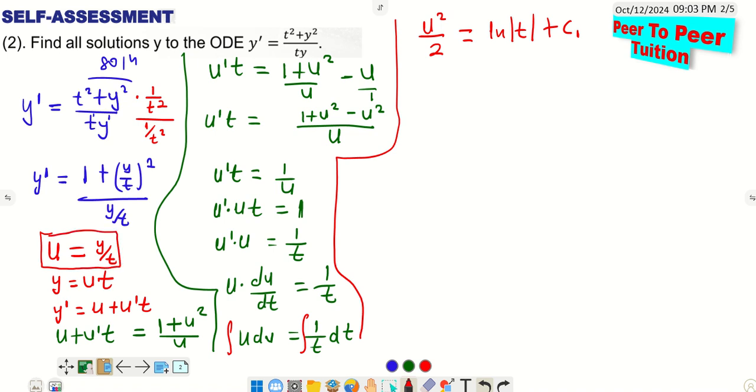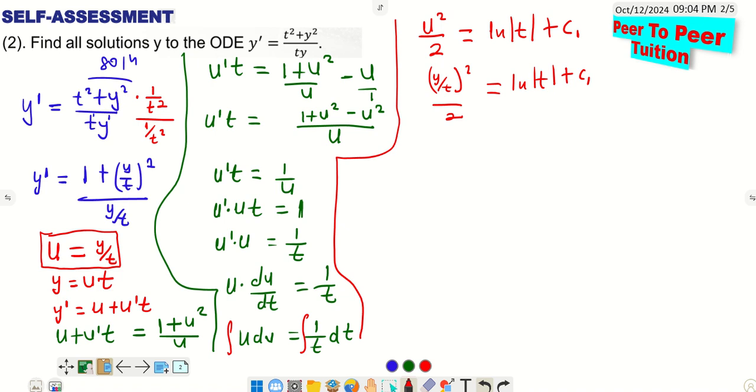So let's substitute it inside. u squared is equal to (y on t) all squared over 2 should be equal to ln t plus c1.